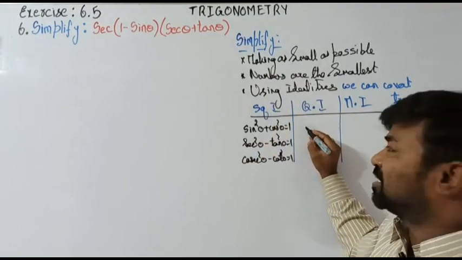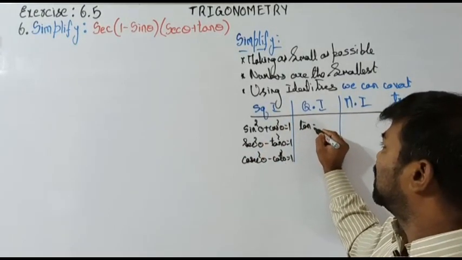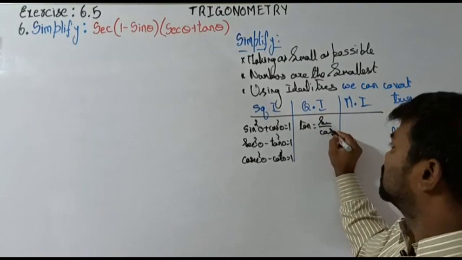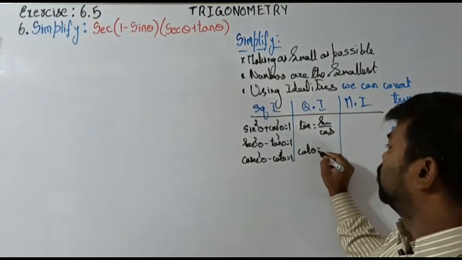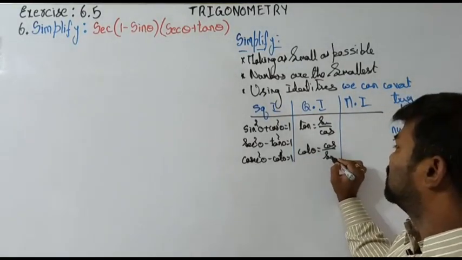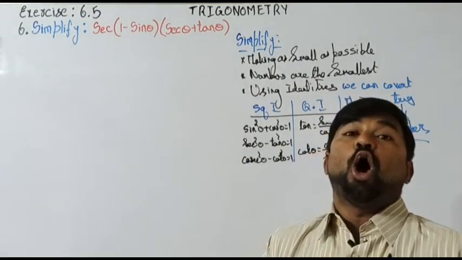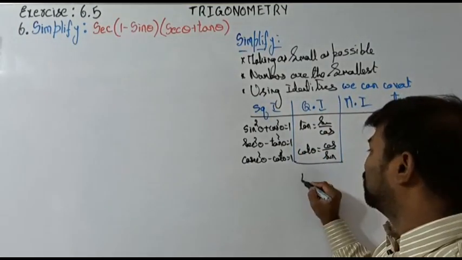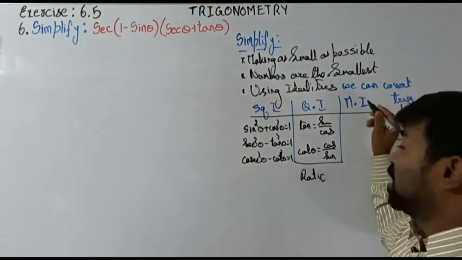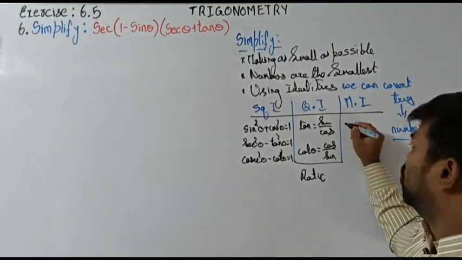Quotient identities, these are the simplest ones. Tan theta is equal to sine by cos and cot theta is equal to cos by sine. We call these quotient or ratio identities also. Now multiplicative identities are a cool one.